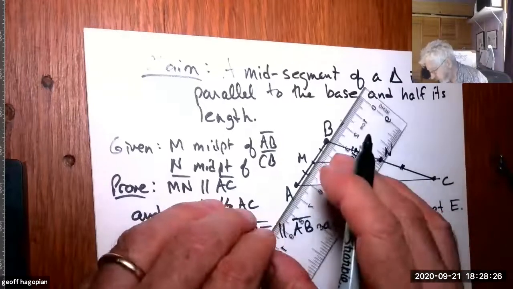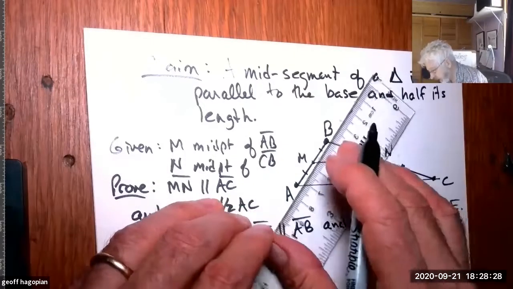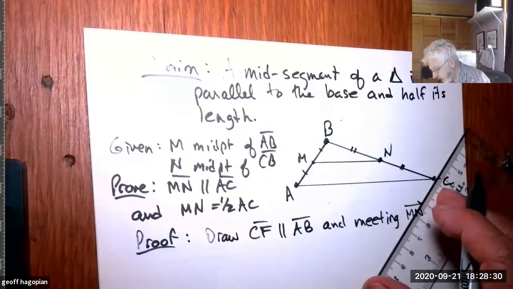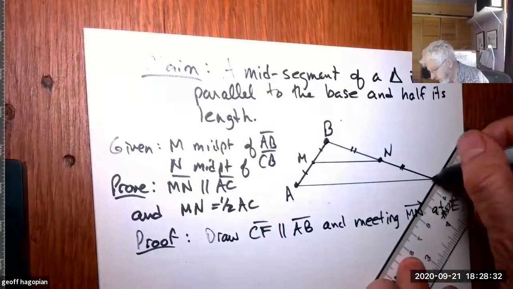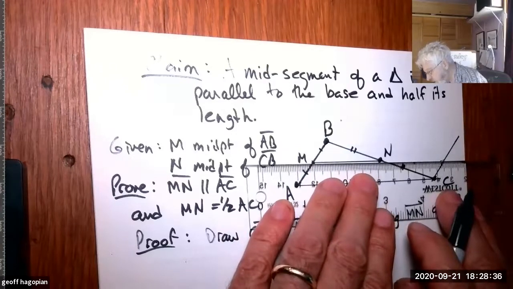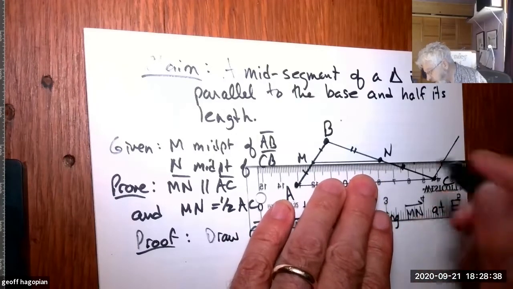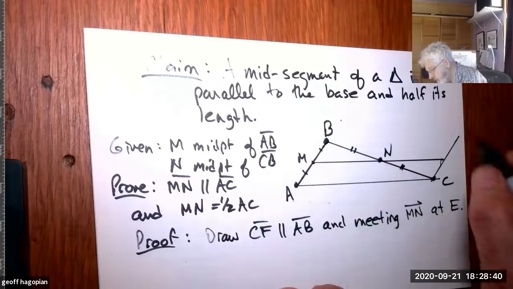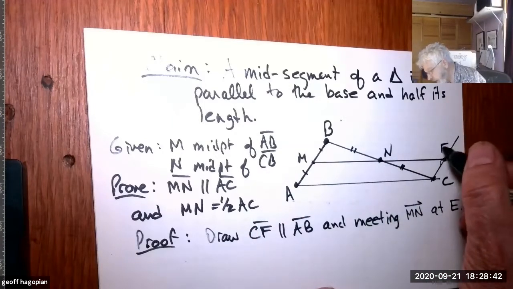Okay, so I want to draw this parallel to that. I'm just going to kind of fake it, okay? Does that seem like it's parallel? Okay, and here's the extension of MN. And so that's going to meet at F there, right?